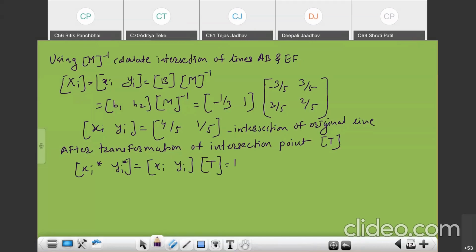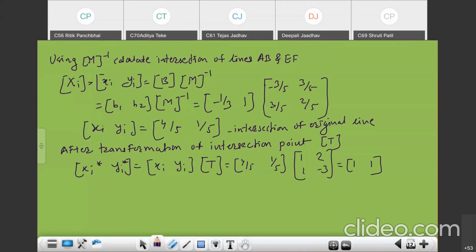It is 4 by 5 and 1 by 5. And the transformation matrix we consider is 1, 2, 1, minus 3. This is the transformation matrix which we are going to use.